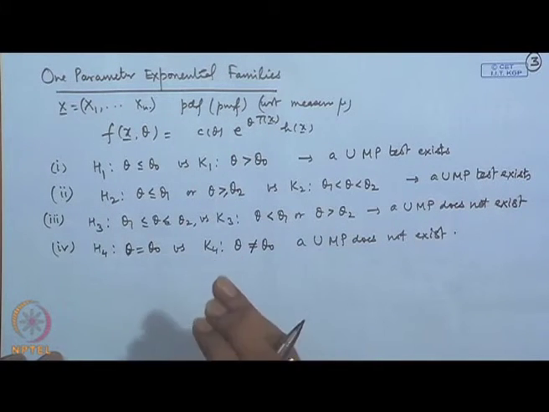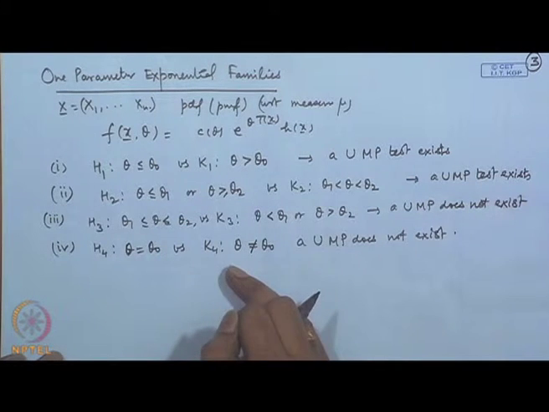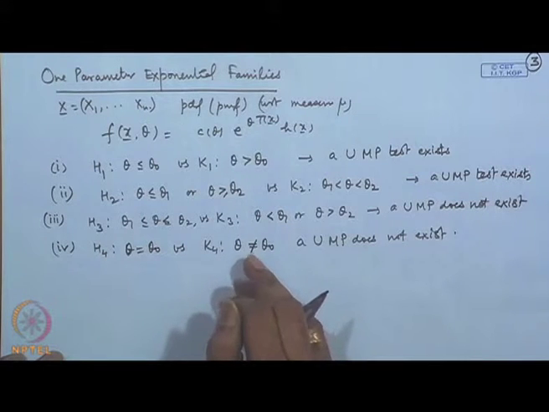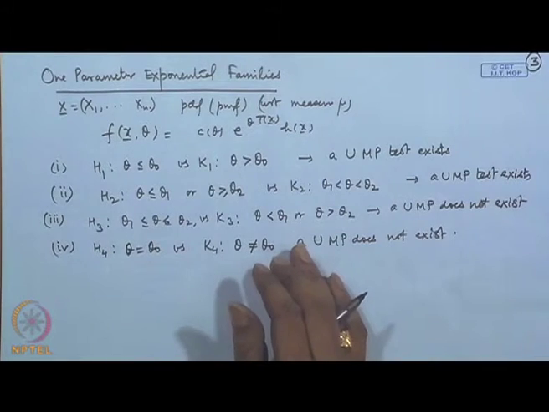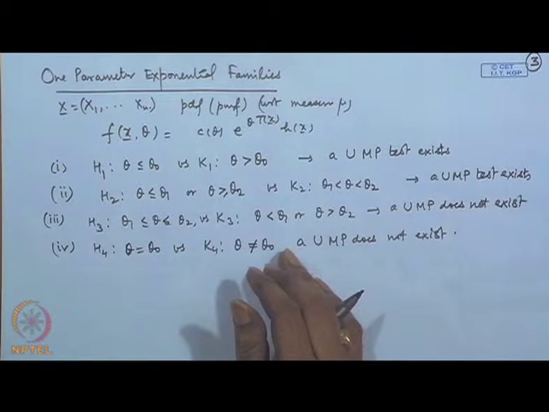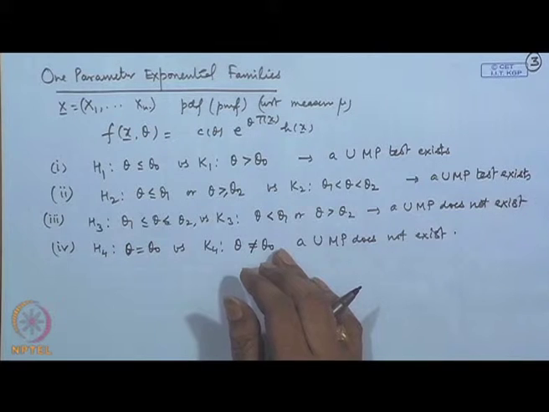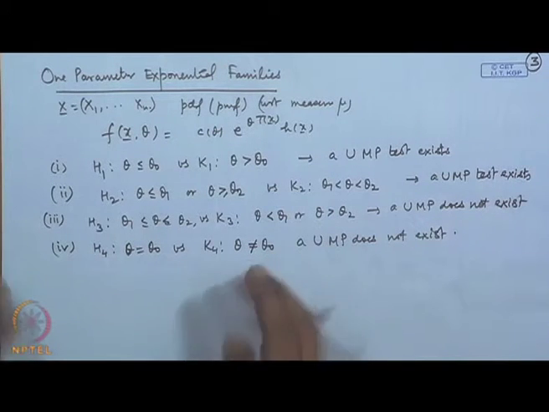We have shown that a UMP test which is having the maximum power for theta greater than or equal to theta naught has a smaller power than another test for theta greater than theta naught and vice versa. Therefore, UMP test does not exist. So, we have the following result, that is UMP unbiased tests do exist here.